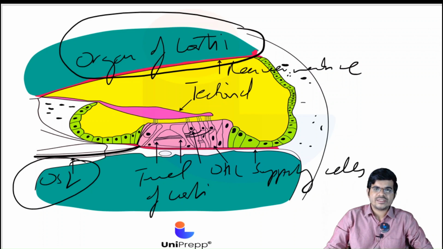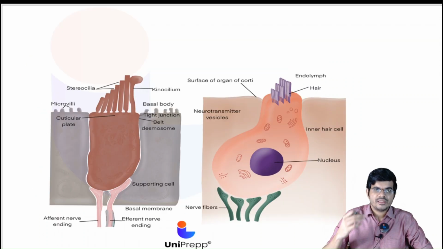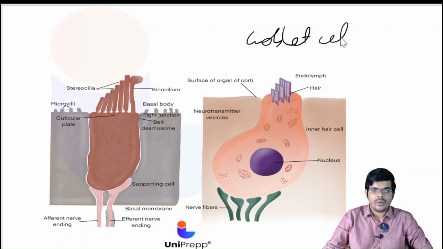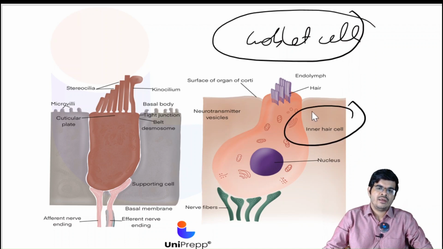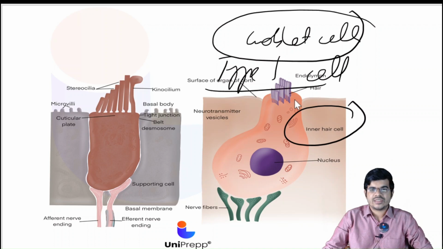Now, how are these inner hair cells and outer hair cells different? They are as different as the type 1 and type 2 hair cells. Type 1 hair cells, I told you, are like goblet cells. Just like that you will be able to see the inner hair cell. Inner hair cells are also goblet in shape, just like the type 1 hair cells, and they have mainly afferent nerve fibers.